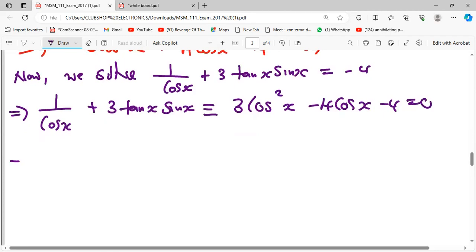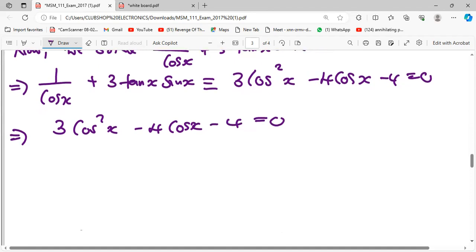Therefore we can use this equation, 3 cos squared x minus 4 cos x minus 4 is equal to 0, to solve, right?